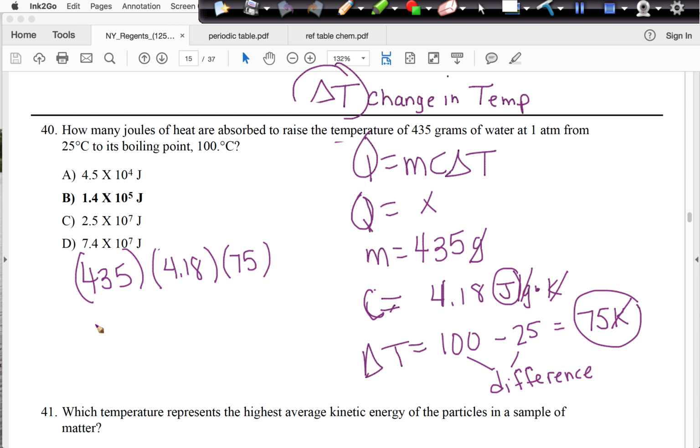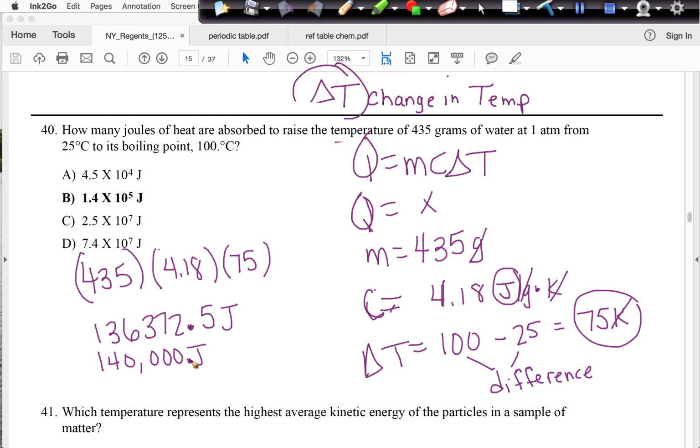And when I multiply out, this is the number that comes out of the calculator. So 136,000 can round to 140,000, and then remember to go from joules to kilojoules.